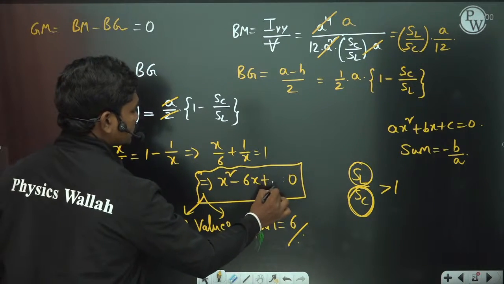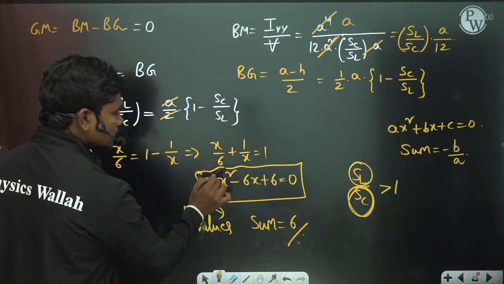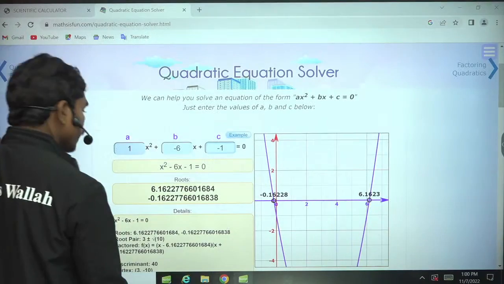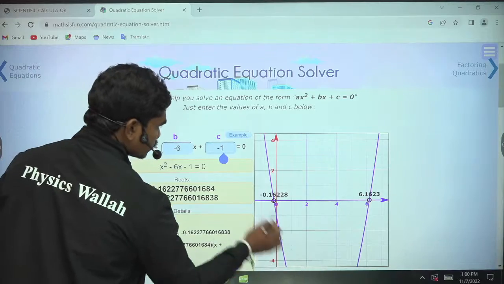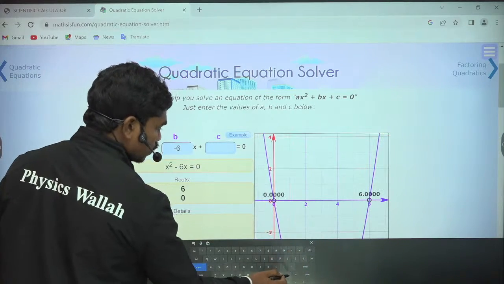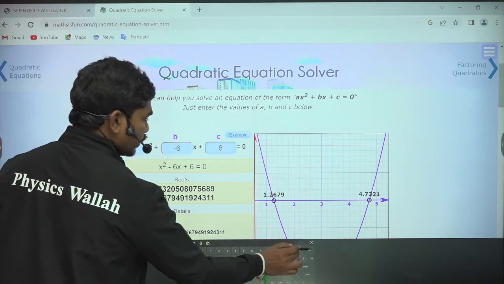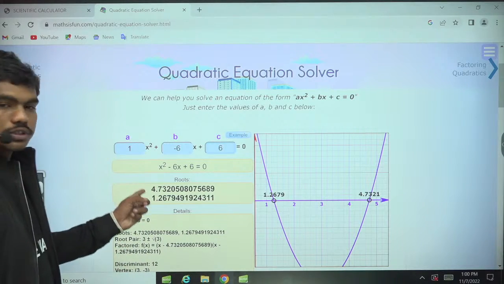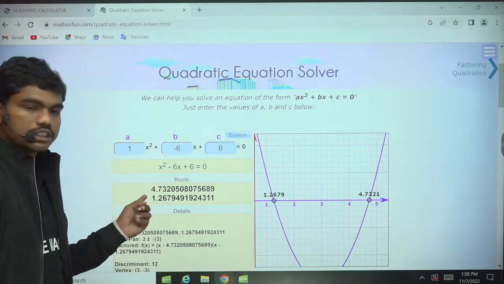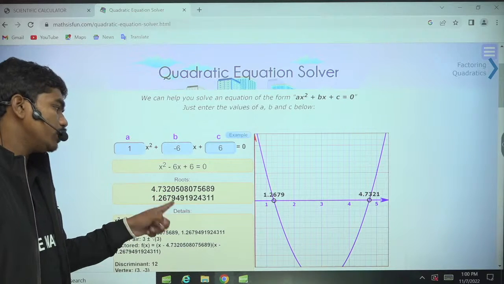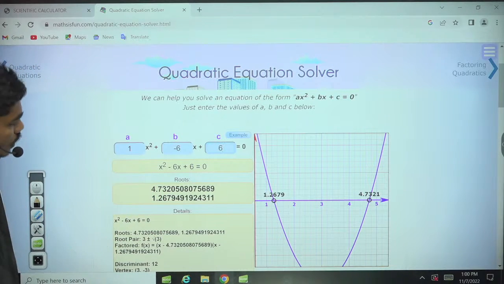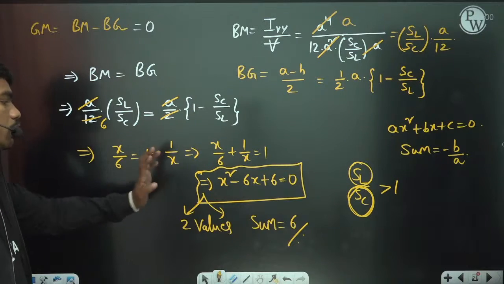So this is plus 6 is equal to 0, correct? Because x square plus 6 is equal to 6x. So let us take plus 6 in this quadratic solver. If you take 6 here, you see both the roots are actually positive, 4.732 and 1.267, and both values are more than 1. So these two values are possible for this equation. So we can undoubtedly say this is 6.